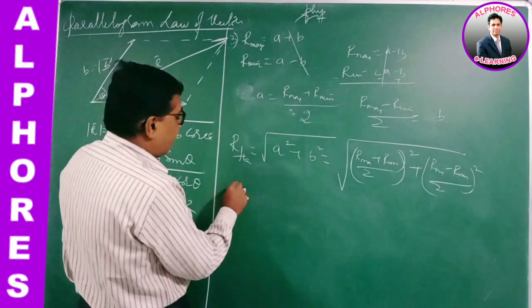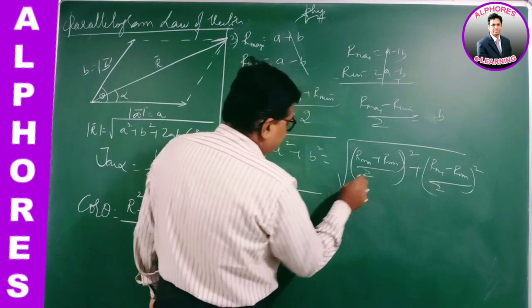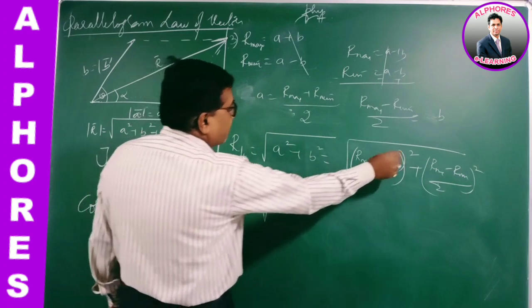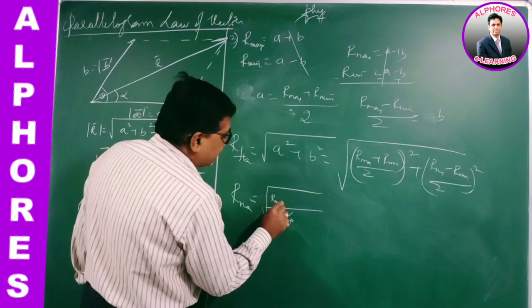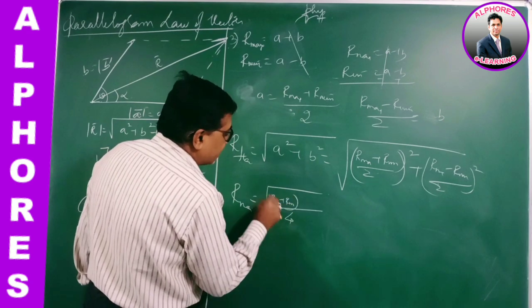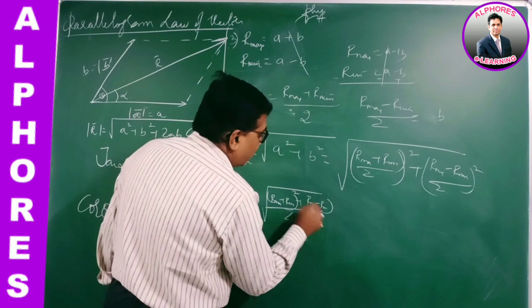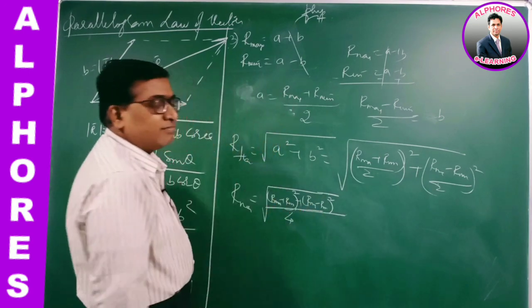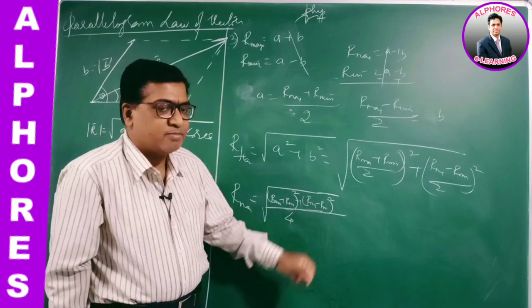Then the LCM is 2 square, which is 4. So under root of, (R max plus R min) whole square plus (R max minus R min) whole square, by 4.